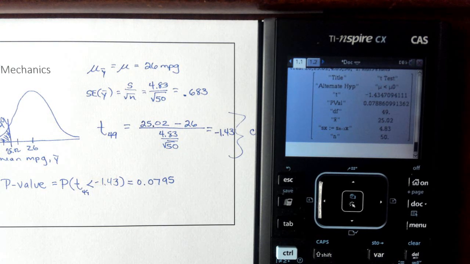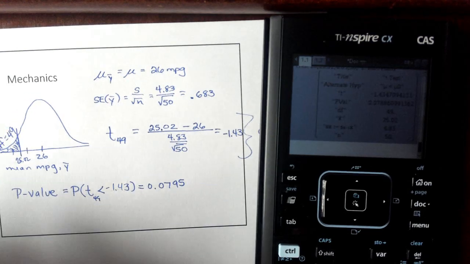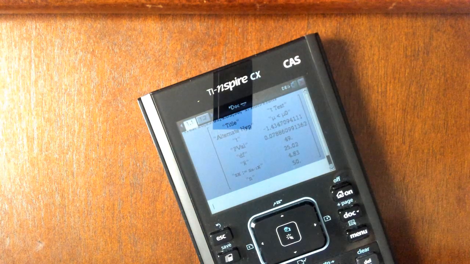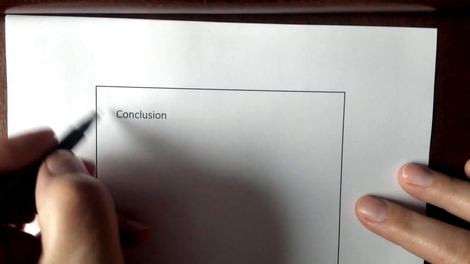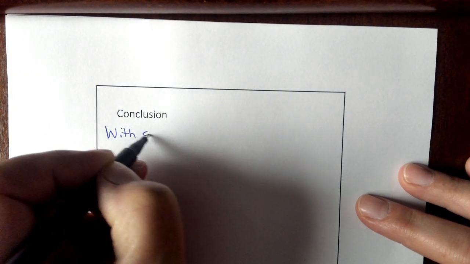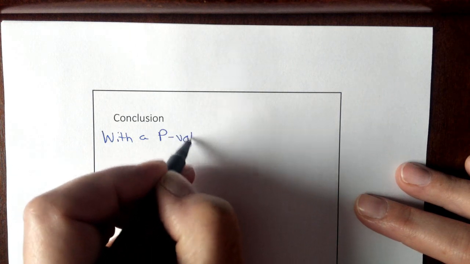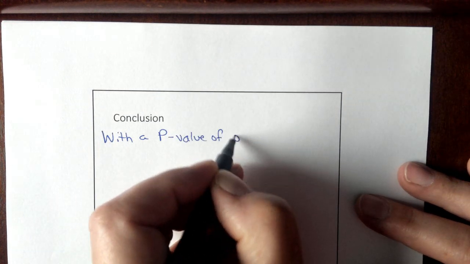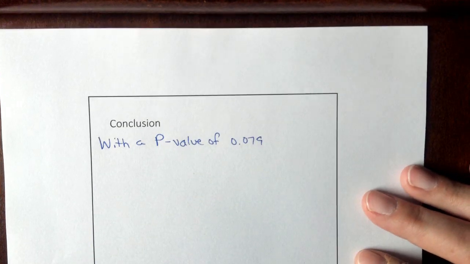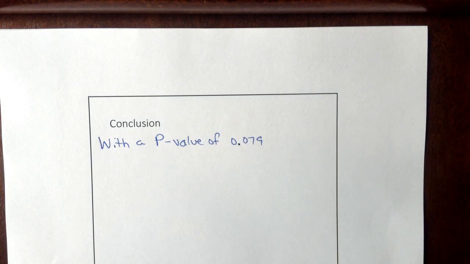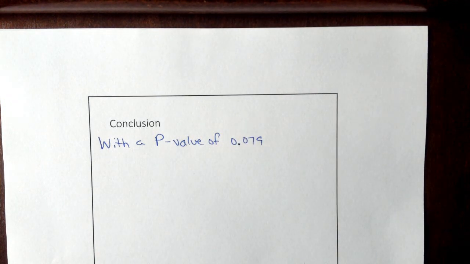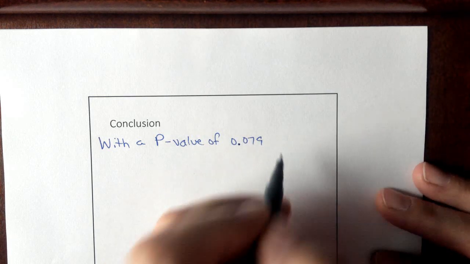Okay, last but not least, write a conclusion. We are almost finished. So, with a p-value of 0.079-ish, that's bigger than 5%, bigger than any reasonable alpha level.